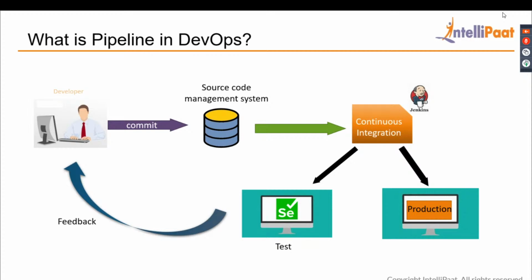Once that is done, whenever the code is updated, the CI/CD tool like Jenkins or Azure Pipelines automatically picks the code, and uses your input which is already available. That is, you have a testing environment and you would have a build environment already set up.